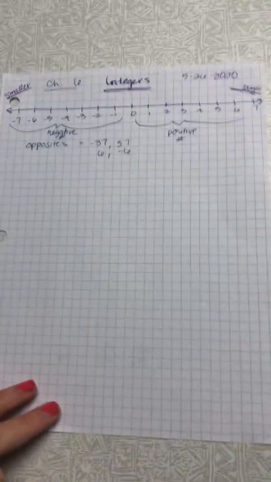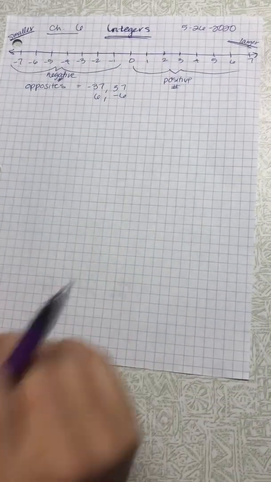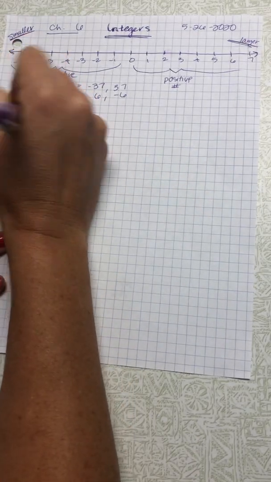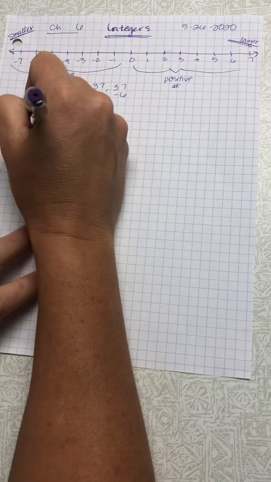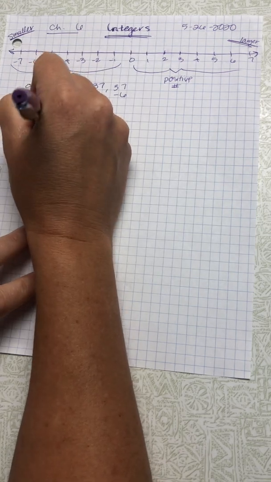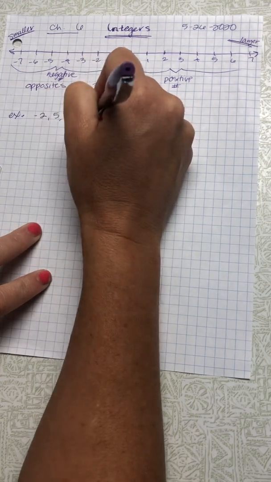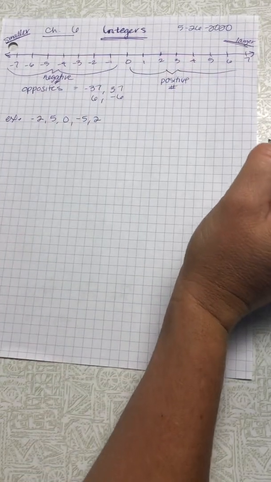Let's see if I can pull this back so you can see everything at the same time. There we go. Okay, so when we compared numbers, you got a list of numbers like maybe -2, 5, 0, -5, and +2, so some opposites in there.